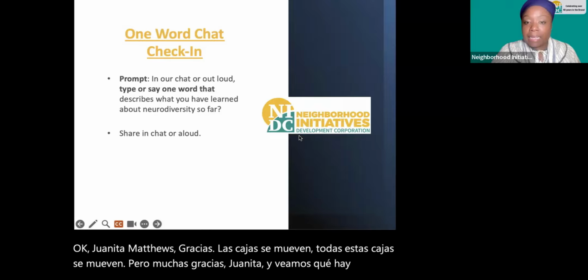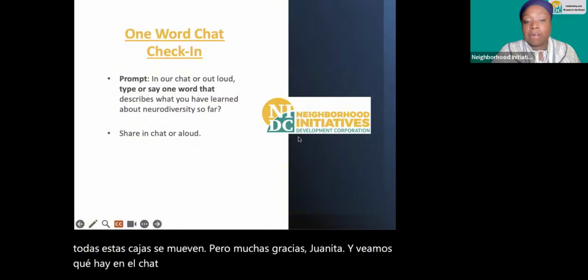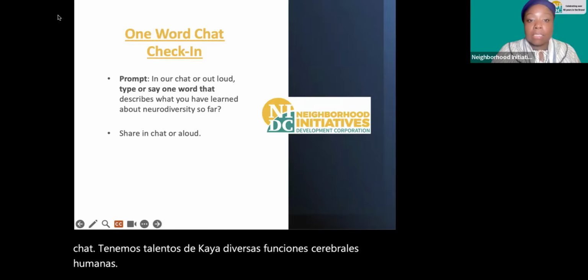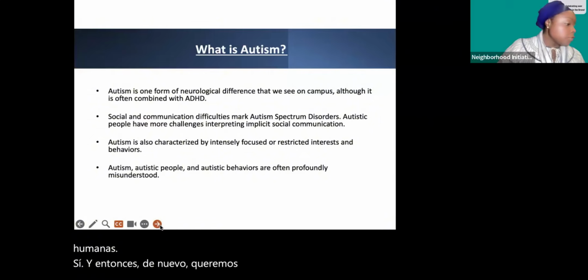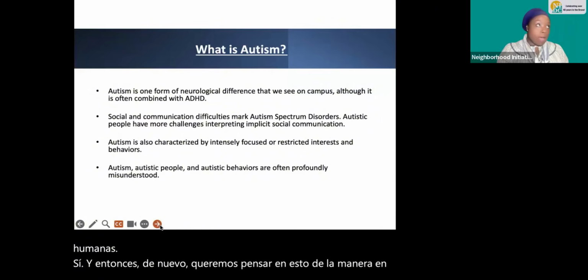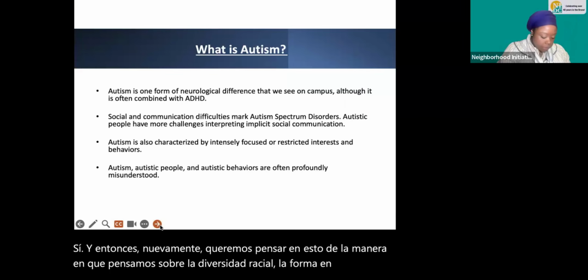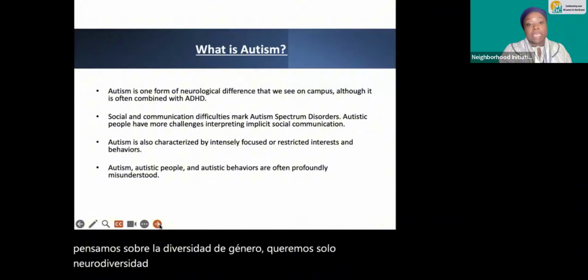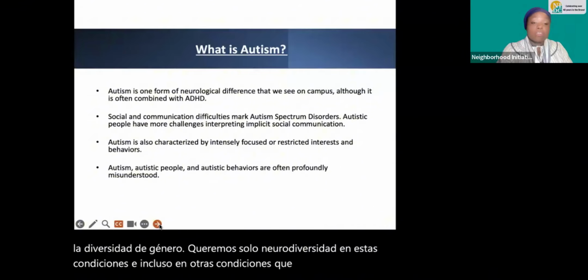We have talented from Kaya, diverse human brain functions. Yes. And so again, we want to think about this the way we think about racial diversity, the way we think about gender diversity. We want to just see neurodiversity and these conditions, and even other conditions we can't cover tonight, as just differences in how we think.